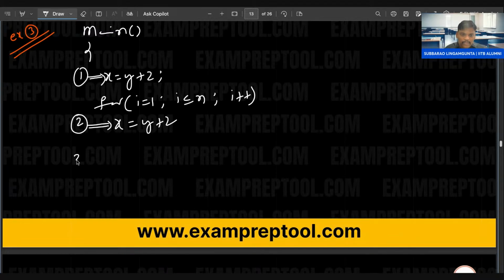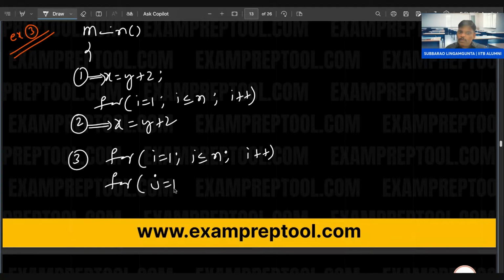Let's go to the third statement. For i is equal to 1, i less than or equal to n, i plus plus, for j is equal to 1, j less than or equal to n, j plus plus, x is equal to y plus z.